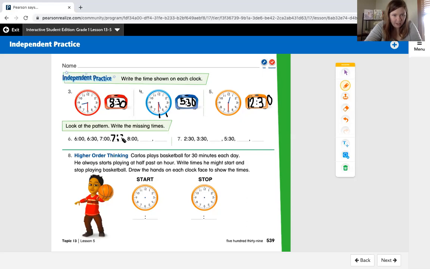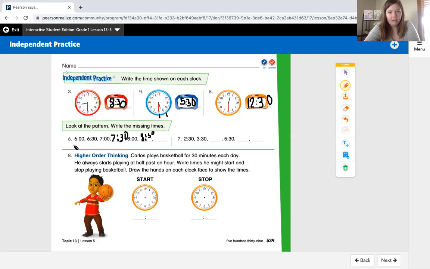Gotta draw my column. So 6 o'clock, 6:30, 7 o'clock, 7:30, 8 o'clock. What do you think would come next? I see that it would start with an 8. And then we'd write 8:30.